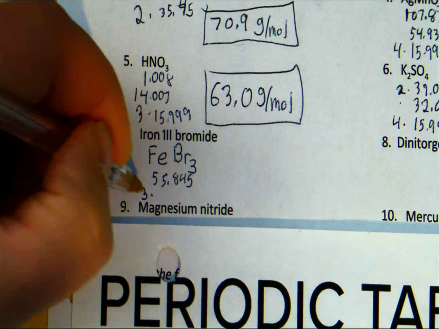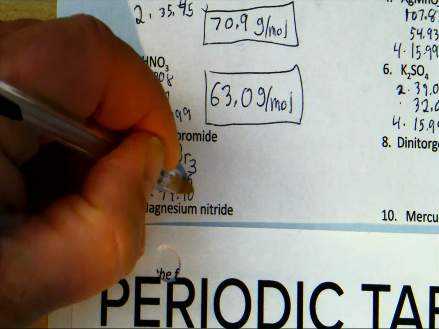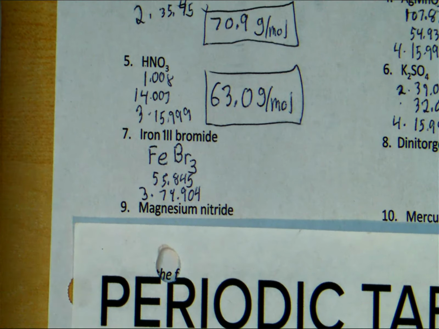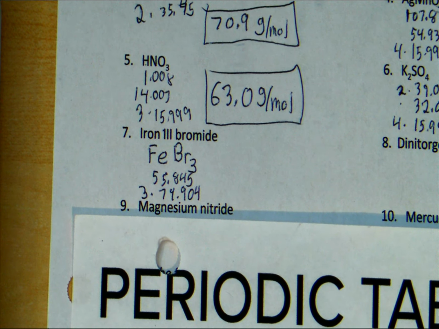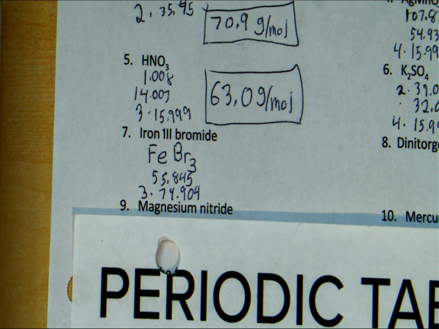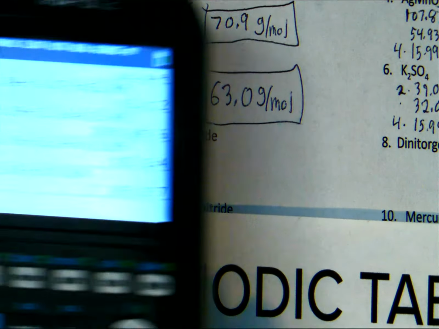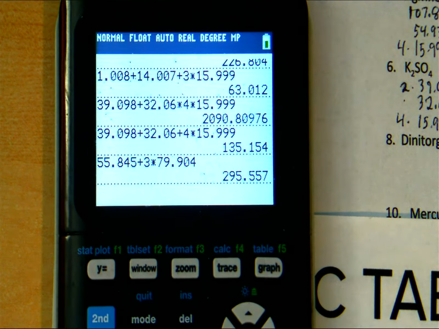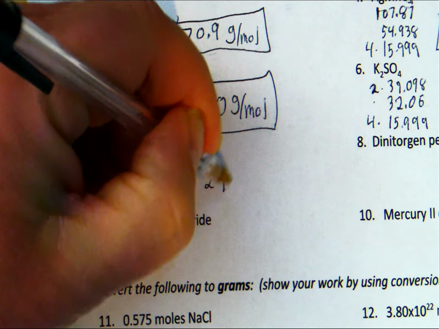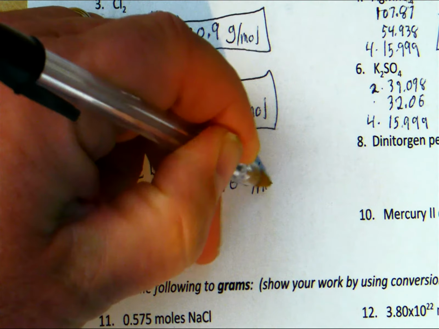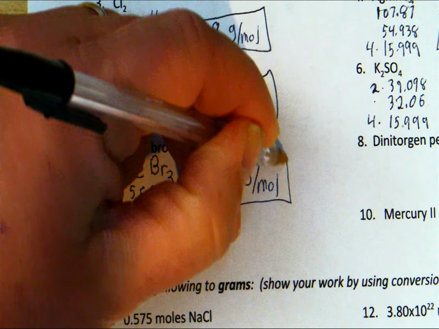Each one is 79.904. So 55.845 plus 3 times 79.904, enter. And it says 296 grams per mole. I'm just going to do everything to only 3 sig figs.